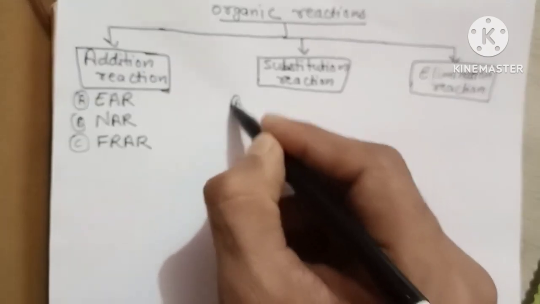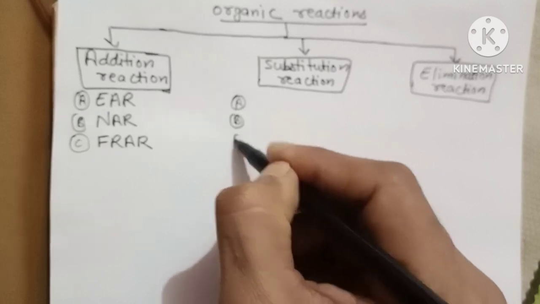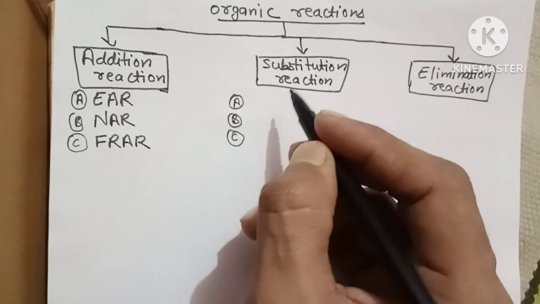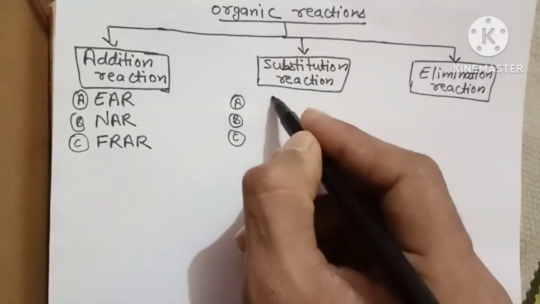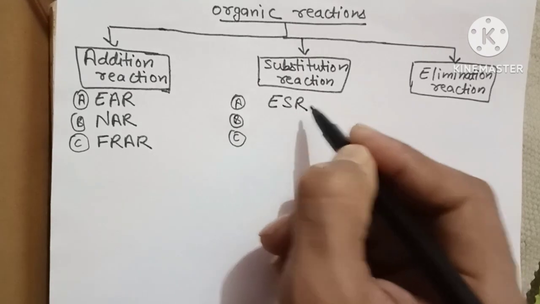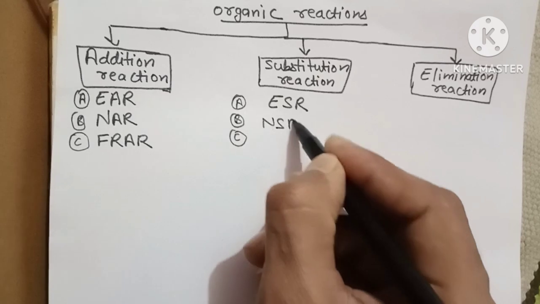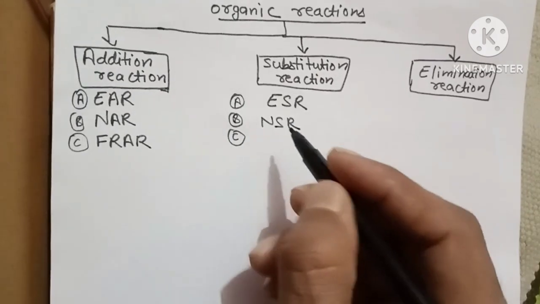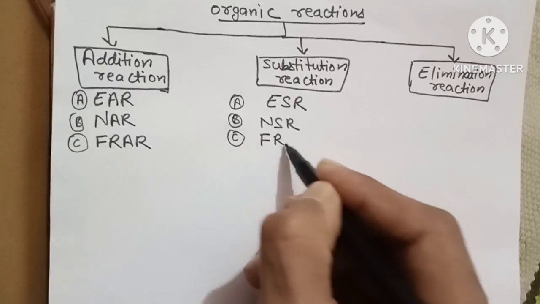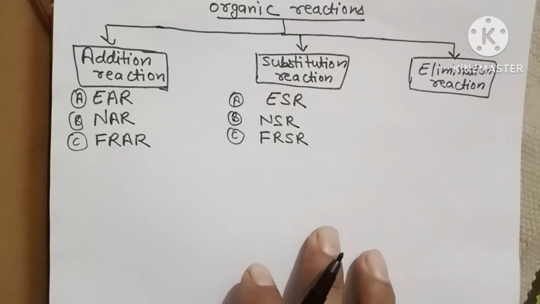So in the substitution reaction we can also draw different reaction mechanisms. The first one is ESR, that is electrophilic substitution reaction, then NSR, nucleophilic substitution reaction, and the last one is FRSR, free radical substitution reaction.